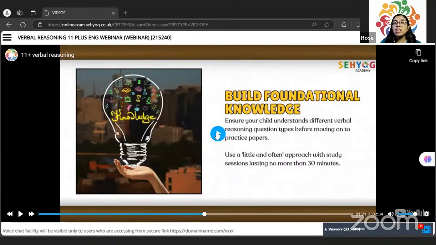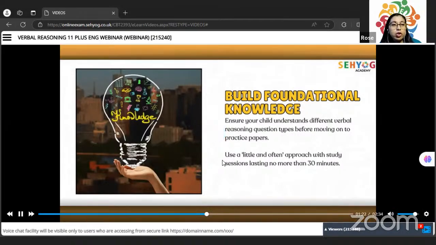It has to be done daily. Little but often is the approach you have to follow. If you do it on a daily basis, it's not required to take a lot of dosage of verbal reasoning.